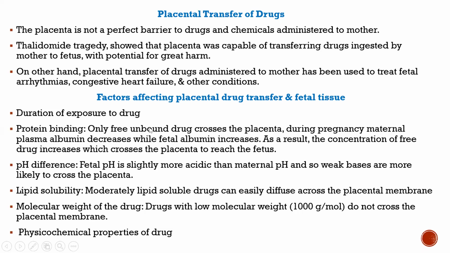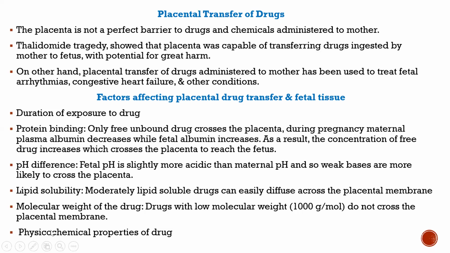All right. So we have factors affecting placental drug transfer and fetal tissue. We have duration of exposure to the drug. We have protein binding. We also have the pH difference, lipid solubility, and molecular weight of the drug. Most drugs with low molecular weight do not cross the placental membrane, while drugs with higher molecular weight can easily cross the placental membrane.